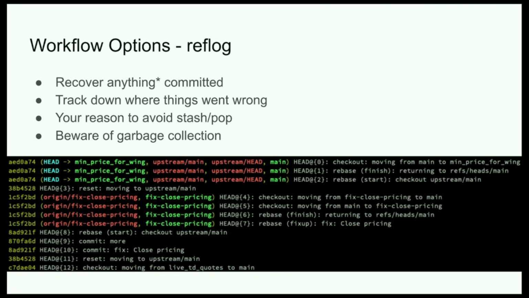The first line here is where HEAD currently is in this repository. The next line is where it was one change ago, two changes ago, three changes ago, and so on. We can check any of these out. They all have hashes. You can even check them out saying HEAD@{n}. So you can move backwards as you go.